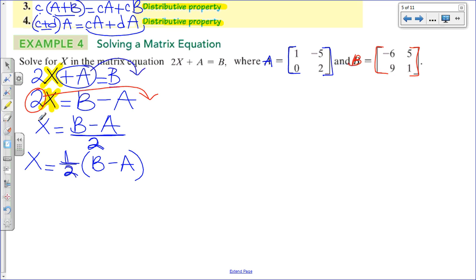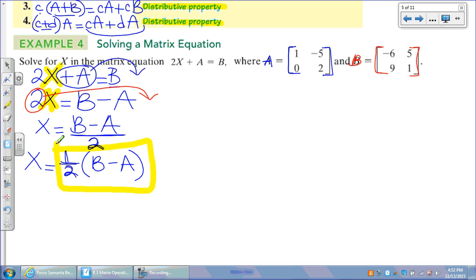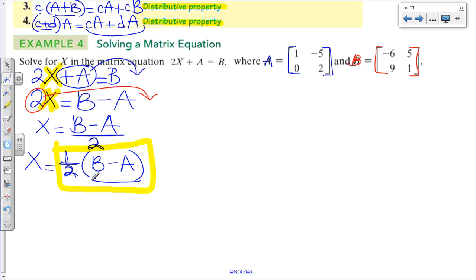So the way I'm going to find my answer is by doing the following operation: 1/2 times b minus a. And so what I want to do is subtract those 2 first and then find the answer by multiplying them by 1/2.